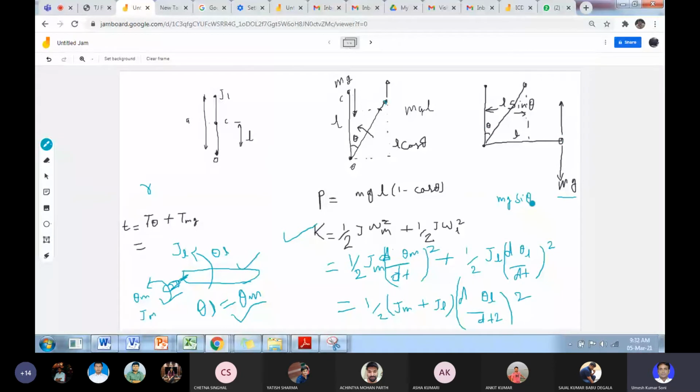So what is the torque equal to? Suppose you have a total mass, force into distance. So here mgl, now what is the force here?